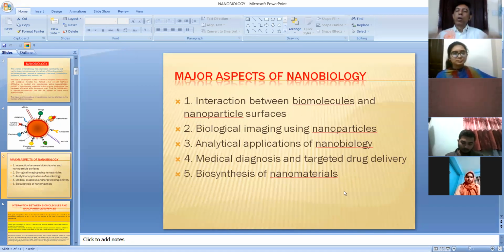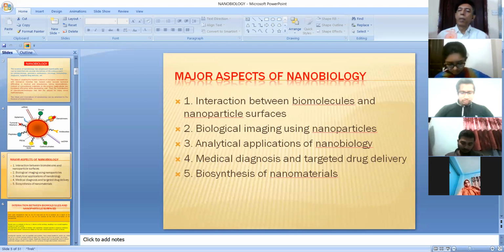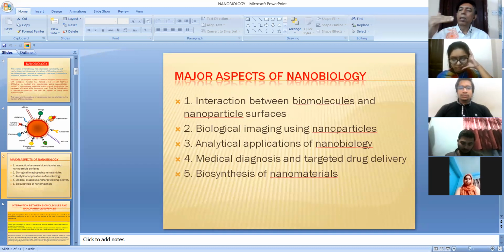How can you synthesize nanomaterial biologically? These are the major aspects mainly studied under nanobiology.